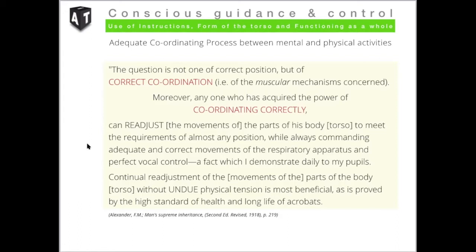The rigid parts of the body can be moved in different ways, and it's possible to use instructions in order to declare how we want a part to move. And so the second change I've made comes from Alexander himself, who is always using the term body in a strange way. He talks about the body and the limbs, the body and the legs, the body and the arms.